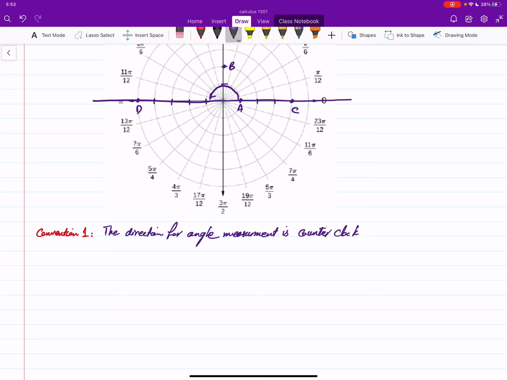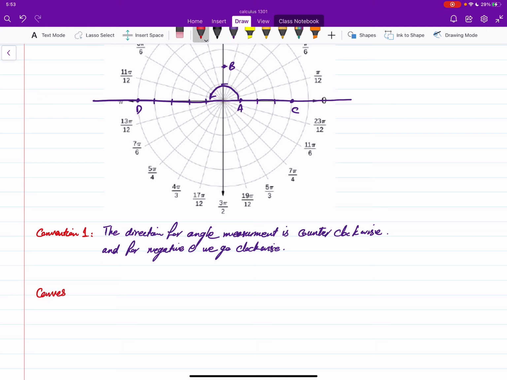This is as before. We always go counterclockwise for theta, and for negative theta, we go clockwise. So that's the first convention that matches with what we had before.